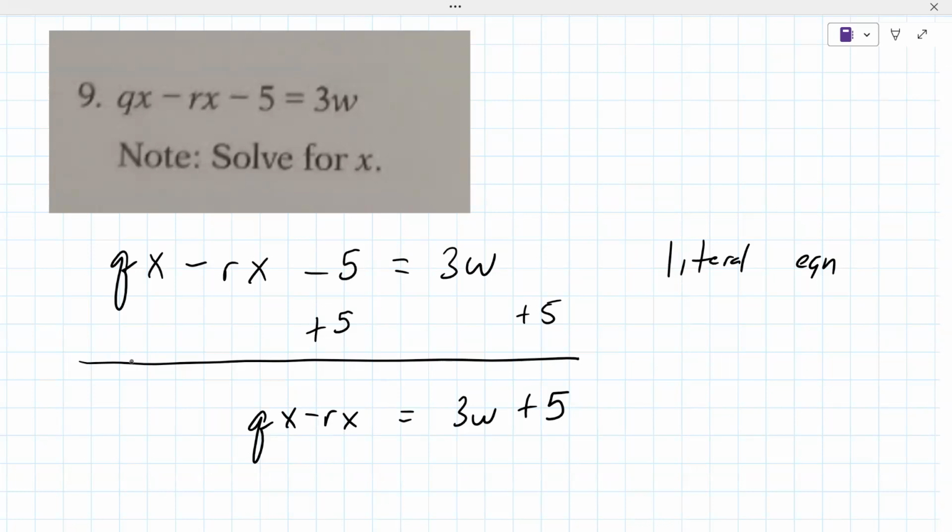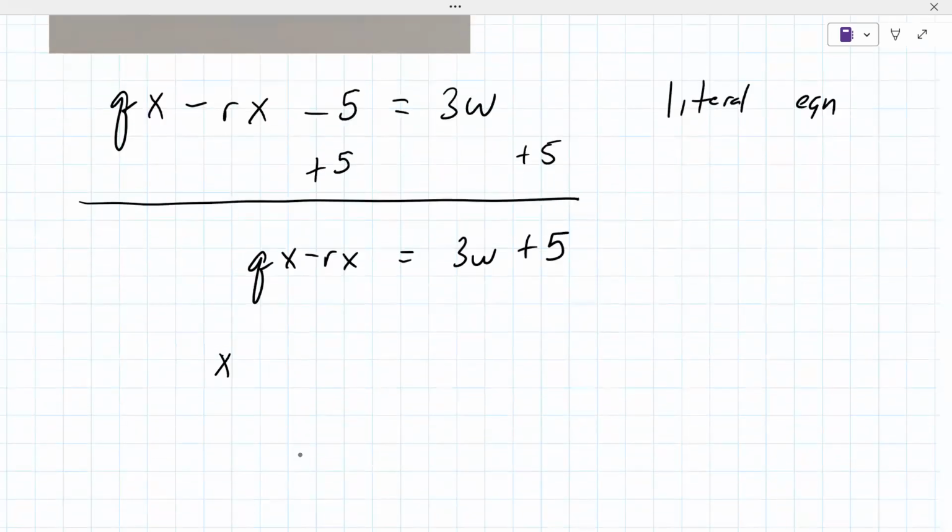Now, you see that on the left there, there's an x in both terms. So we're going to factor that x out. You're basically dividing both of those by x. What is left over? What would go in parentheses? q minus r.